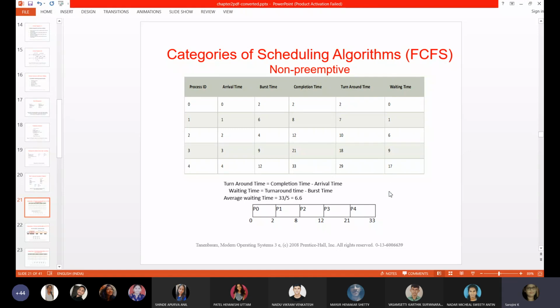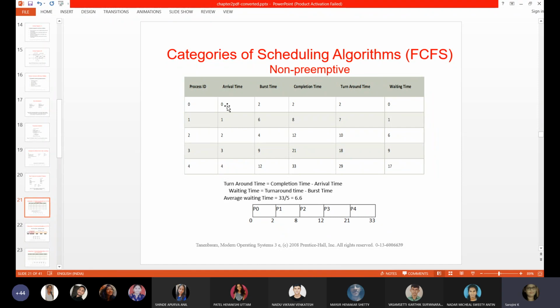Suppose a theory question comes, explain any 2 scheduling algorithms, then you have to pick some example like this and randomly take the process ID, arrival time, and burst time. Always take arrival time sequentially. It is not necessary that the gap between the arrival times should be 1. Here I have taken 1. It could be 2, 3 also, and it is not required that the gap be uniform.